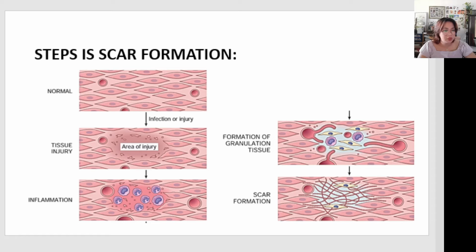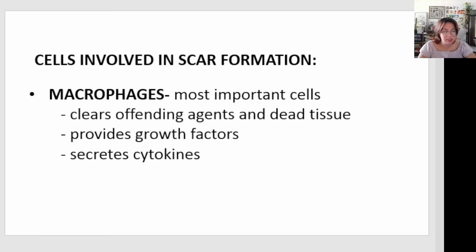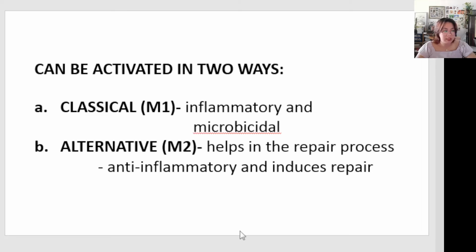So, what are the cells involved in scar formation? Macrophages play a central role in repair by clearing offending agents and dead tissue. They provide growth factors for the proliferation of various cells, and they secrete cytokines that stimulate fibroblast proliferation and connective tissue synthesis and deposition. So these macrophages can be activated in two ways.